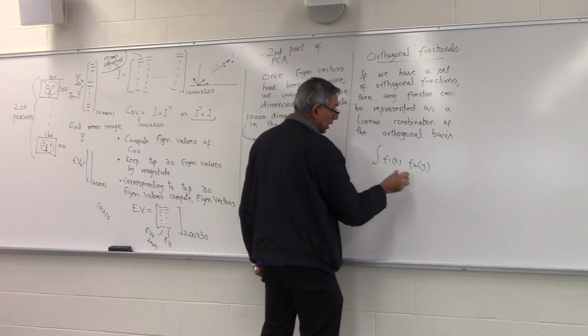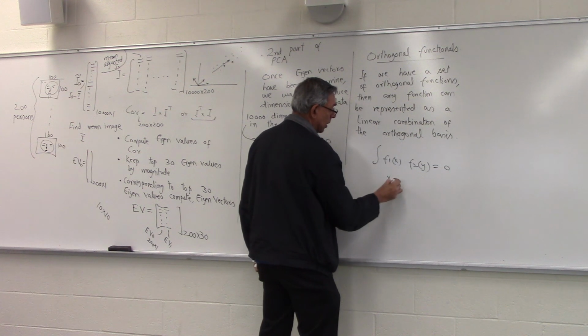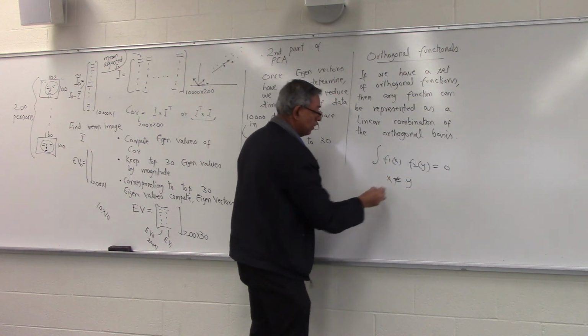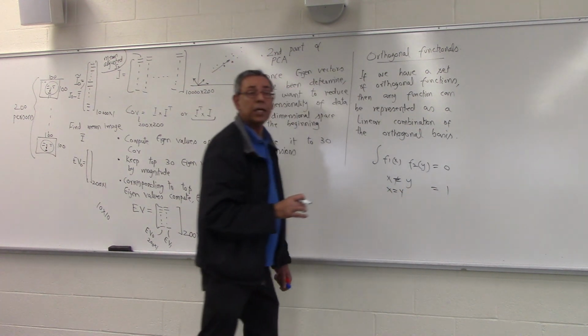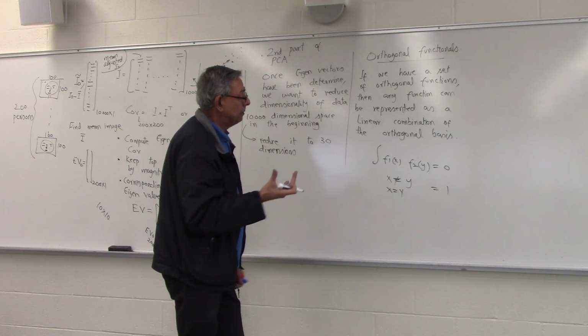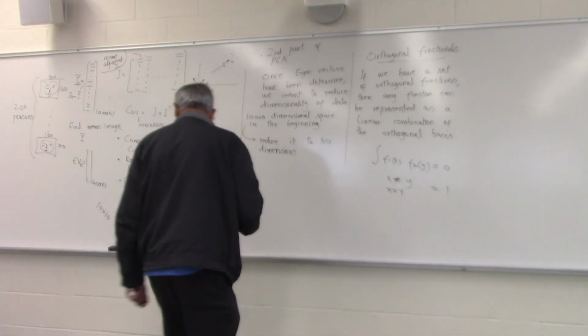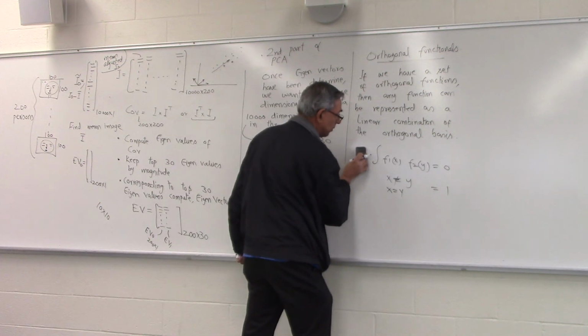If the integral produces the answer 0 when x is not equal to y, but if x is equal to y, it produces an answer 1, that means these two functions are orthogonal.